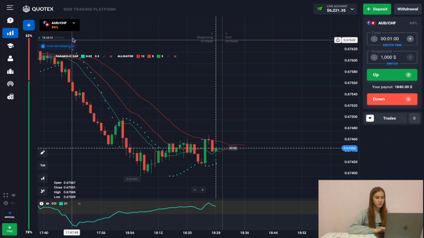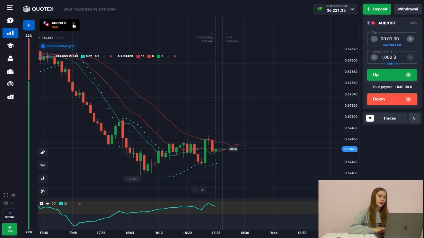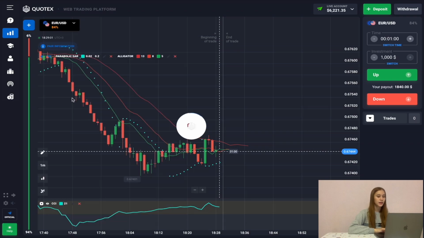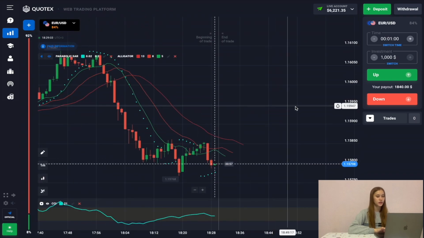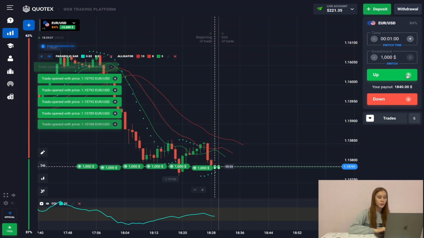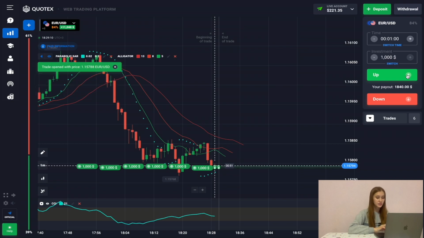Let's choose a currency pair on which we can find movement. Here we can open our trade for the entire amount on the impulse. So now we can expect a price increase.